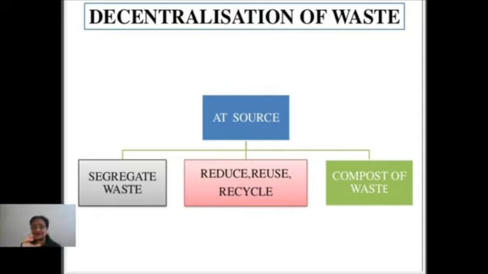And then one category of waste is biodegradable waste. That waste is used for the production of manure, in the form of compost. So the different types of waste we are getting are handled in different manners.